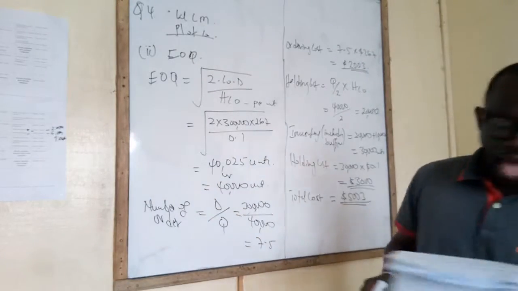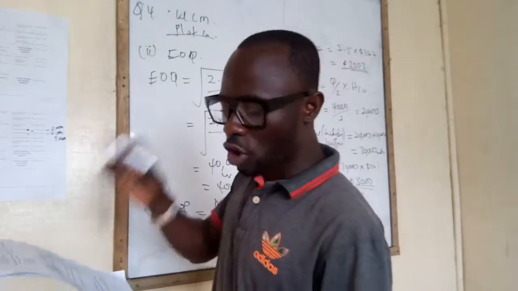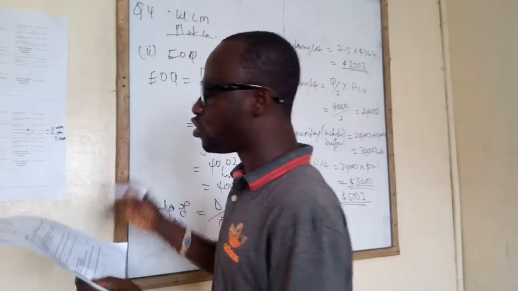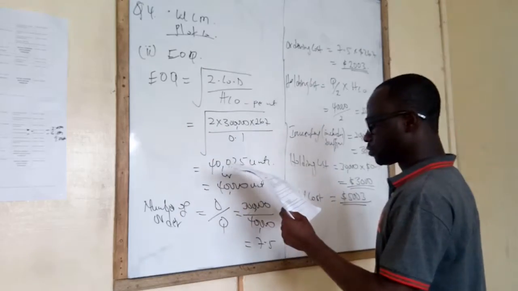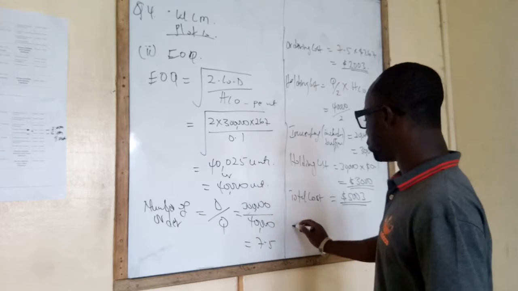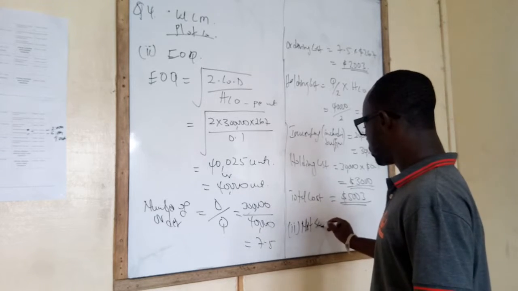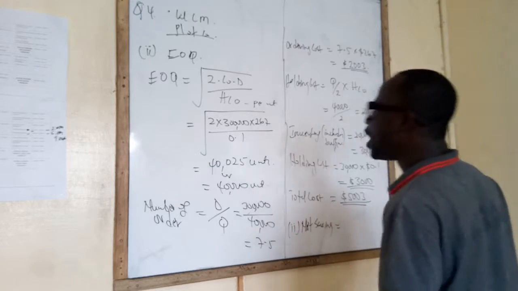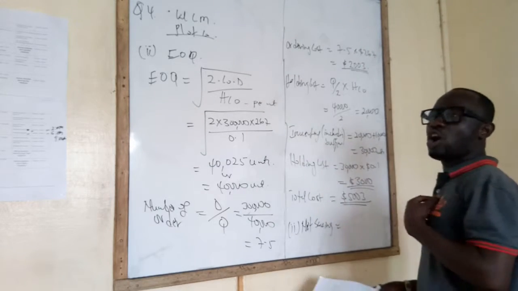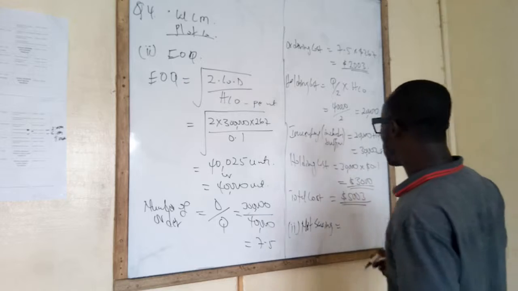Then part III, look at it. It says net cost or saving of introducing the ordering policy using the EOQ. Under the old policy, when we were ordering every month, what was our total cost?